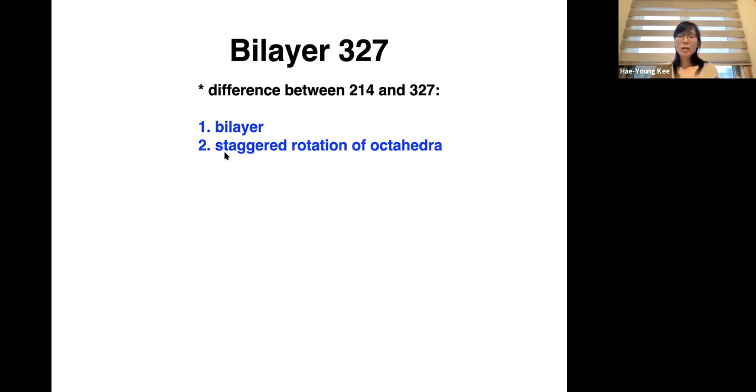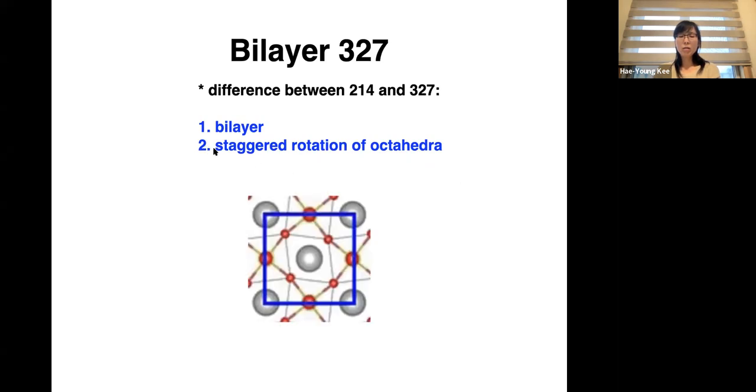So the bilayer and staggered rotation of octahedra are responsible for the absence of superconductivity in the bilayer case. To work on this, we have to go one by one. So let's think about the bilayer first, and then I'll talk about the staggered rotation of octahedra after. So we'll add the effects one by one. Again, this tilting is rather small, but it significantly changes the physics.